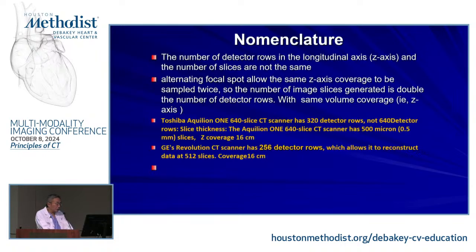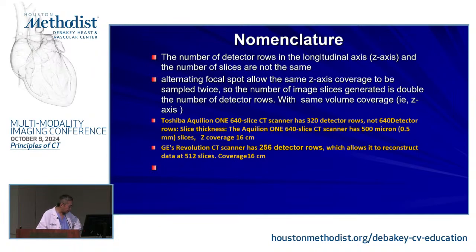But you can use electronics to split the row into 2 slices. And that's why you're going to hear Aquilion 1 640 slice CT, because from each detector you can generate 2 slices, by electronically moving the spot of what you image. You can split each row detector into 2 slices.